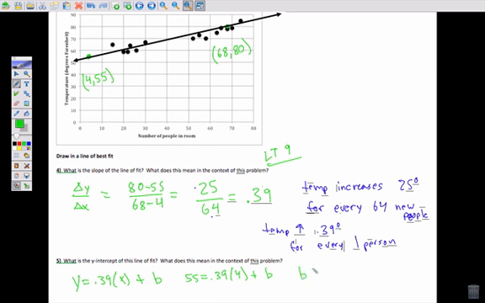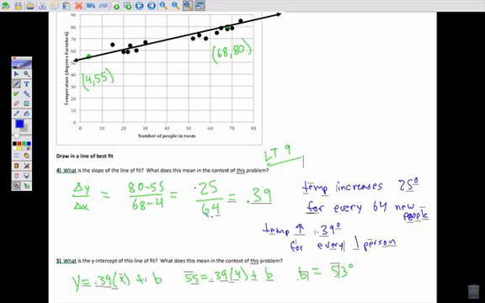And we get b equaling about 53 degrees. When I calculated it, it was 53.44, but we'll round it to 53 degrees.